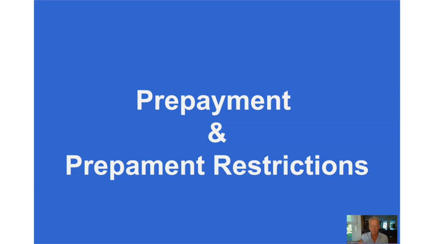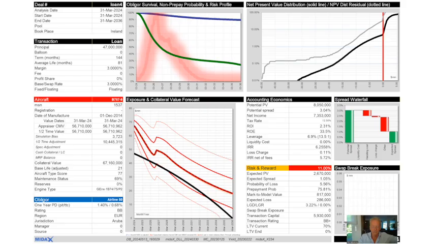All right, now the next thing I wanted to show you, this is an aside, nothing to do with portfolios per se, but it's prepayments and prepayment restrictions on loans. So let's take loan 4 as an example. You can see here that there is a very, very high probability of prepayment. In other words, the probability of non-prepayment goes down dramatically.